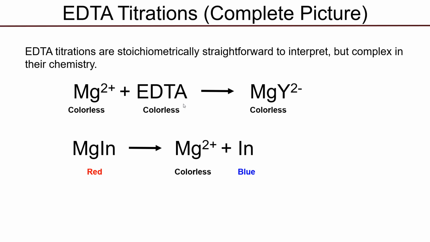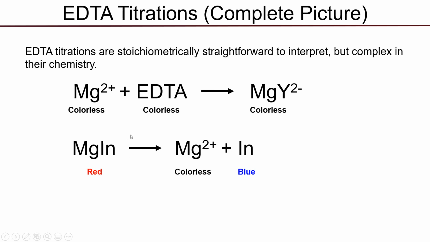So one thing to keep in mind is even if you have otherwise a perfectly clean matrix, you always have two ligands in an EDTA titration if you're trying to spot the endpoint using an indicator. You have the EDTA, which is a hexadentate ligand, and then you have the indicator itself, which undergoes a color change because it's also part of a complexation reaction with a metal.